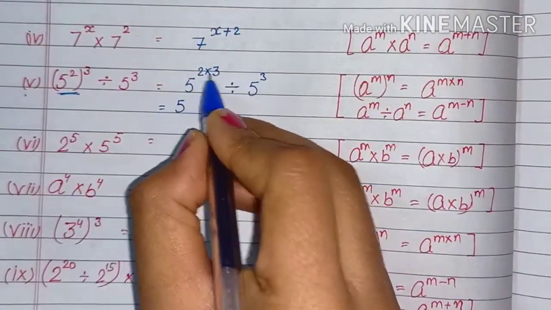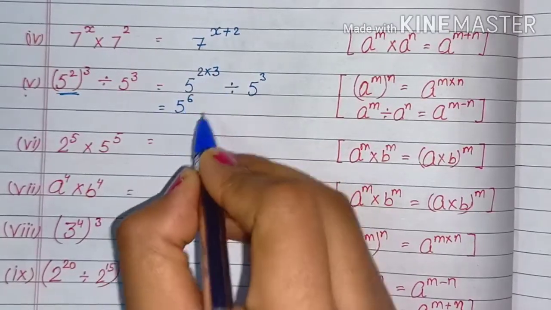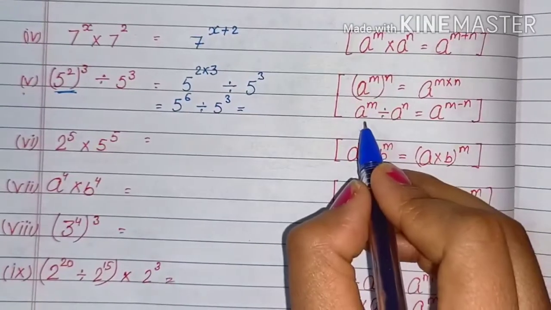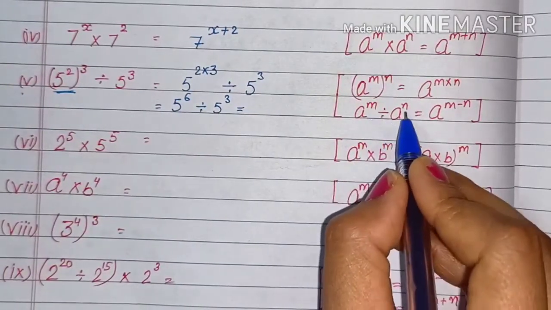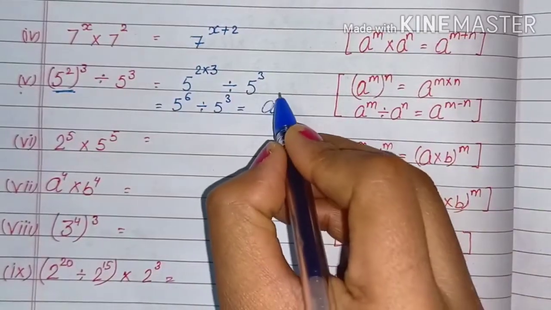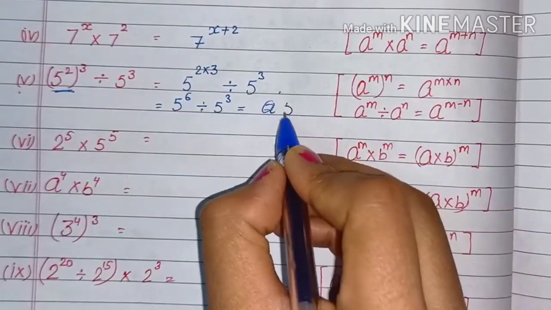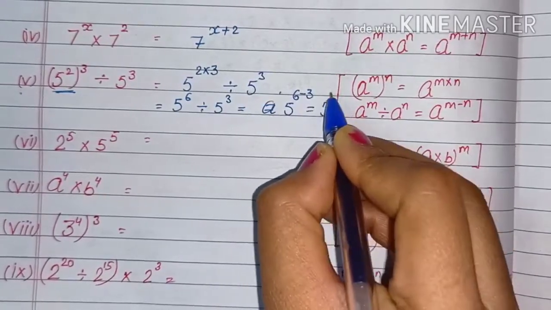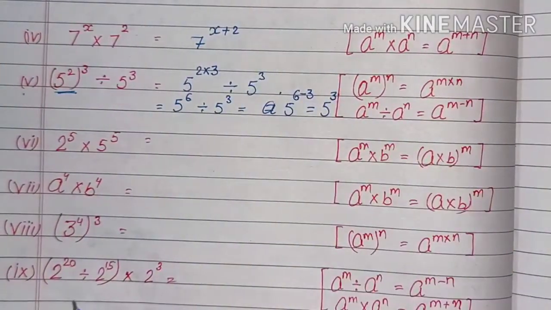So it is 5 raised to power 2 into 3, that is 6, divided by 5 raised to power 3. Now use this law that a raised to power m divided by a raised to power n, then we will subtract the powers. So here it is 5 raised to power 6 minus 3, which is equal to 5 raised to power 3.